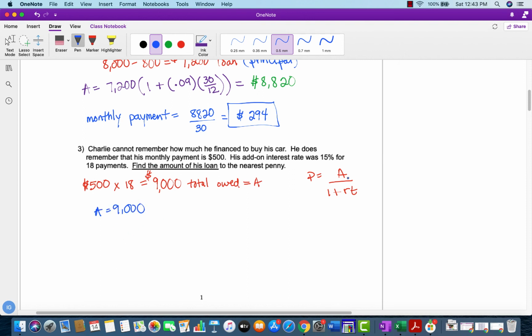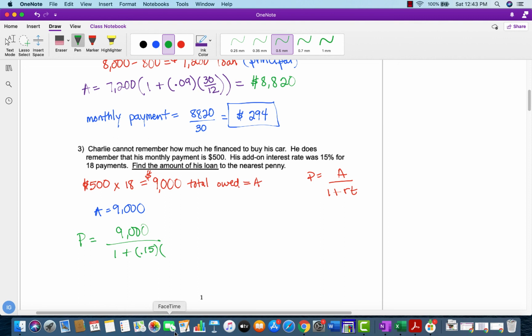All right, so now I can plug it into my formula because I do have the time and I have the rate as well, so I can figure this out. A was $9,000 over 1 plus the rate, which is 15%, so as a decimal we have 0.15, times the time, which is 18 payments.